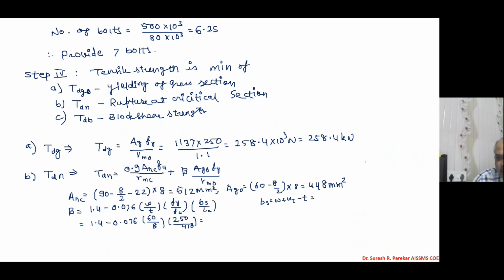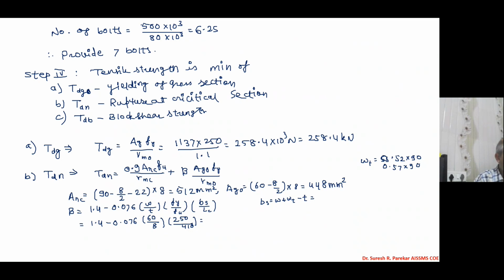Now wt we have to assume 0.52 into 90, to 0.57 into 90.